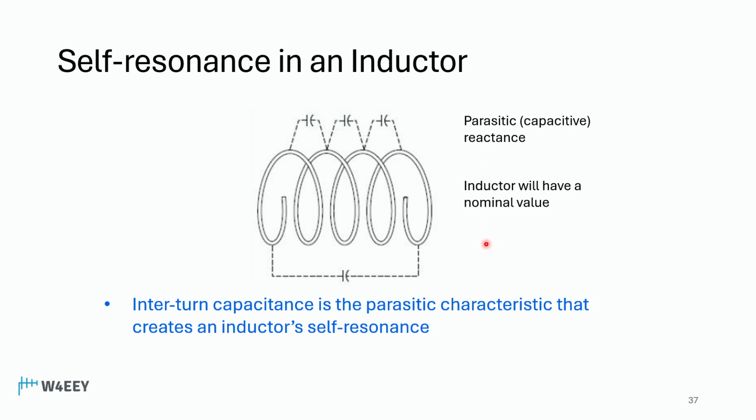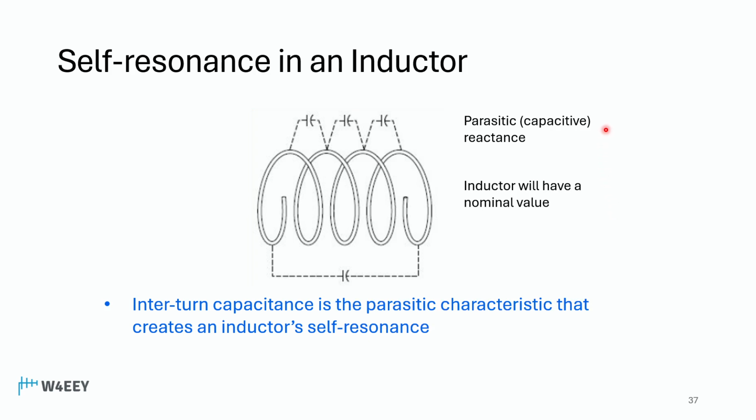So that's why I'm going to go through both of them here so you can see the connection. So an inductor will have a nominal value. Well, what's a nominal value? A nominal value is if you buy a 10 millihenry inductor, the 10 millihenries is considered its nominal value. Under ideal conditions, that's what it would be.